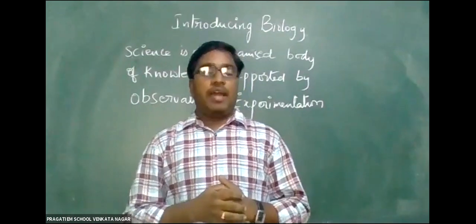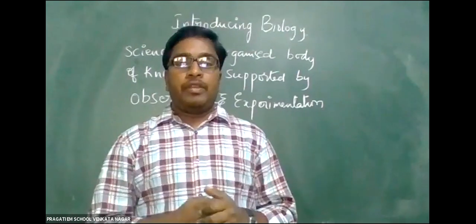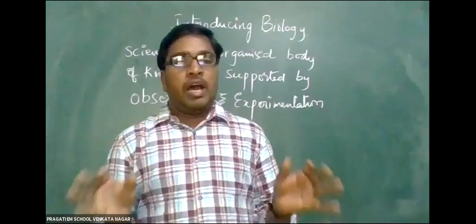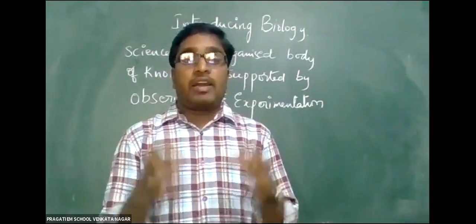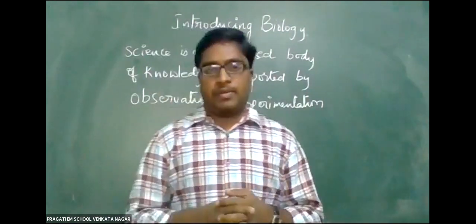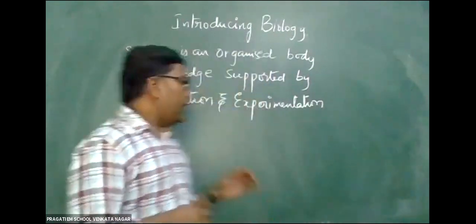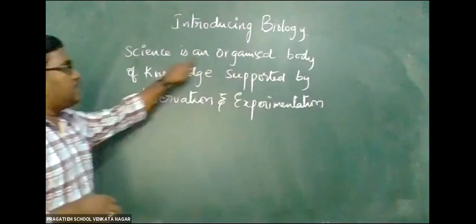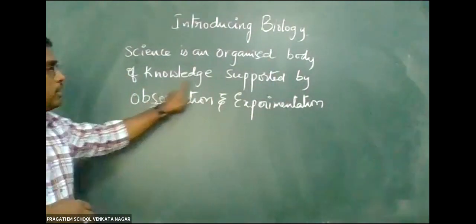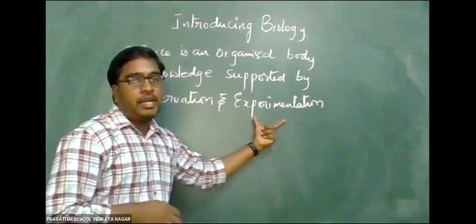Basically, what is meant by science? In the last class we discussed the word biology, where it comes from and what its meaning is. Let us see the actual meaning of science. Science is an organized body of knowledge supported by observation and experimentation.